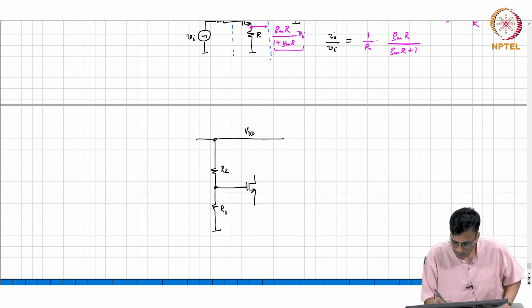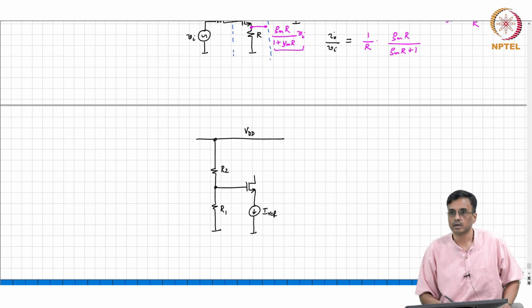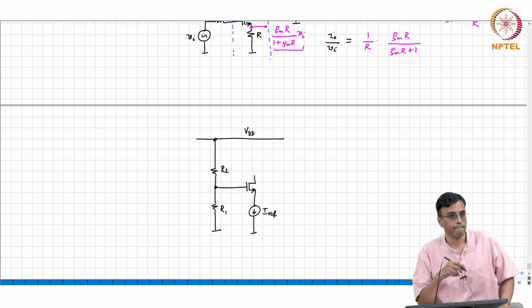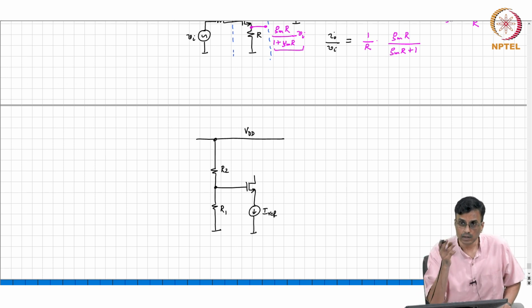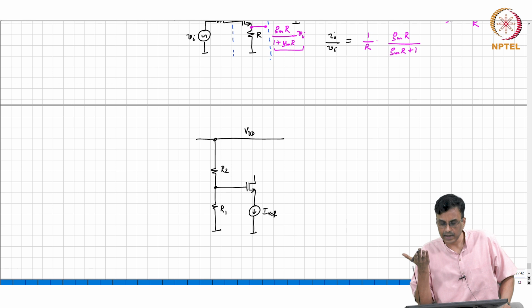Okay, so you want to put a current source, fine. All right. What is the drain doing?